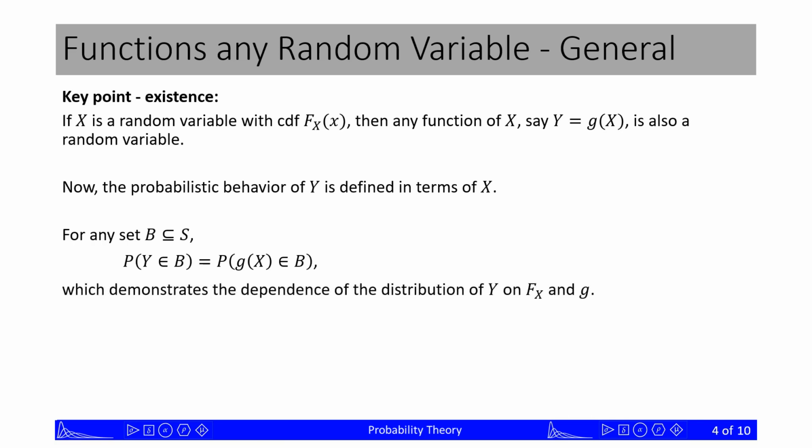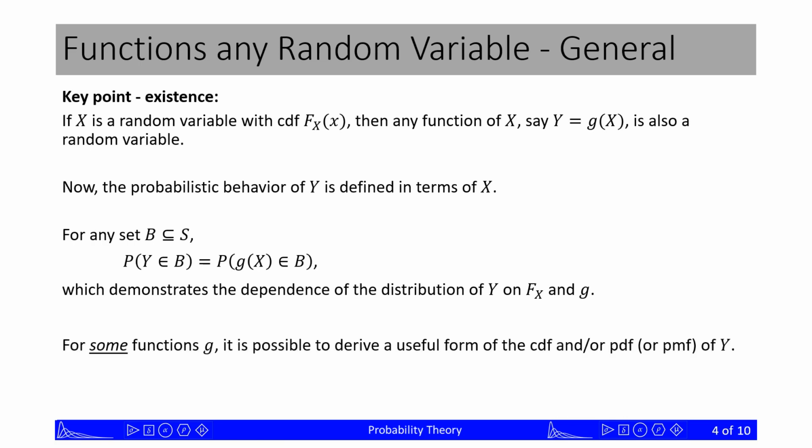So the right-hand side shows that P of Y is dependent on g, on X, and thus on the CDF of X. Note that for some, but not all, of the possible transformations, we will be able to find a closed form for Y. And for some of the transformations, we'll even recognize them as other known distributions.